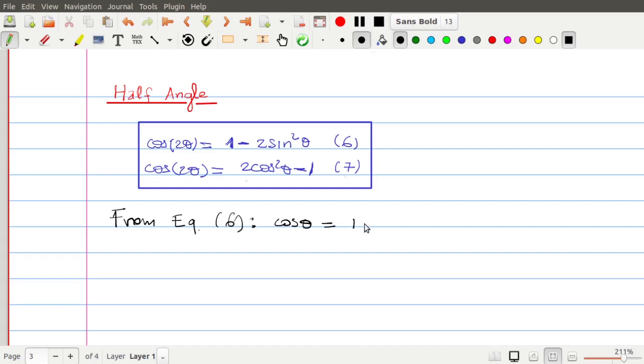That would be 1 minus 2 sine squared theta by 2.